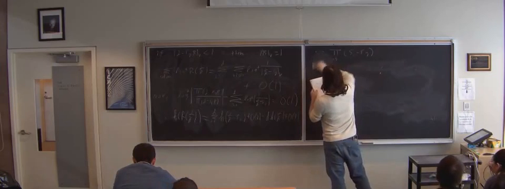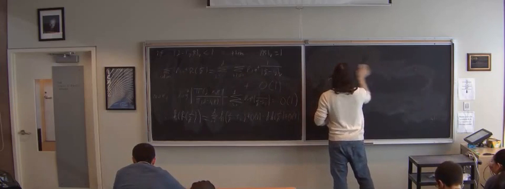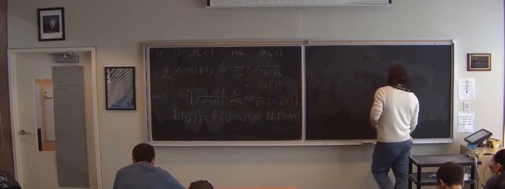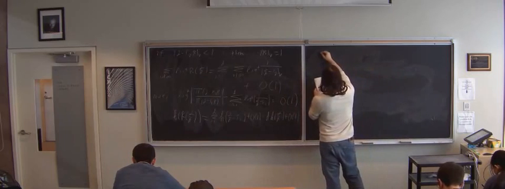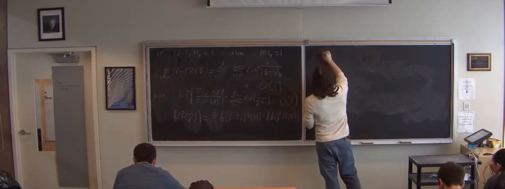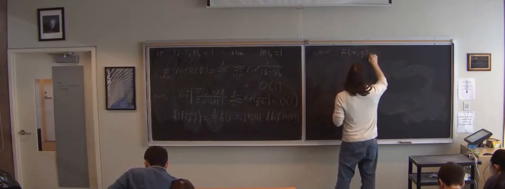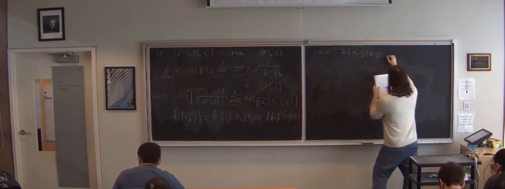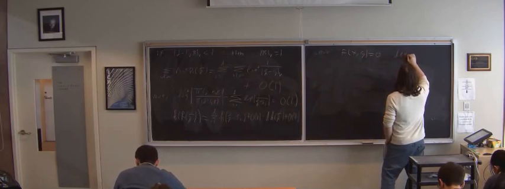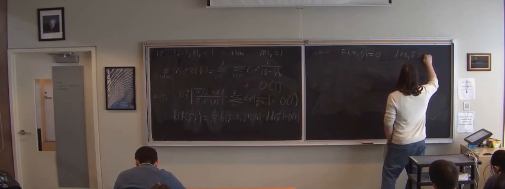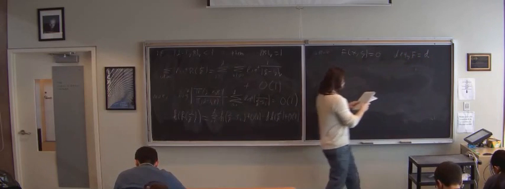Now let me prove the lemma we had last time. So recall what it was. Suppose f of x, y is equal to 0, and the degree in the y coordinate of f, I'll just write, is equal to d.